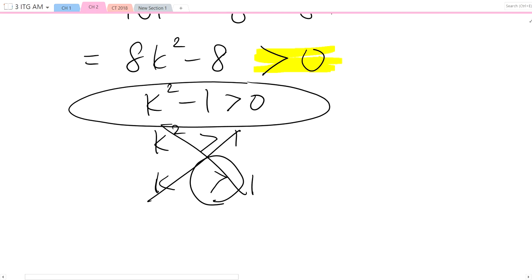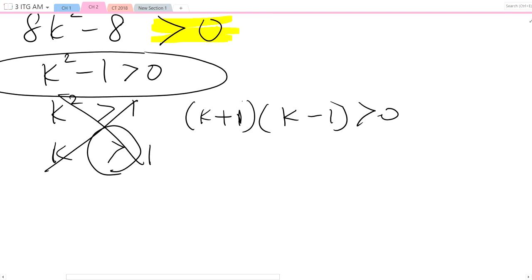What formula? Factorize k squared minus 1. Factorize to become (k plus 1)(k minus 1), and this is greater than 0. Okay? And what do I do next?